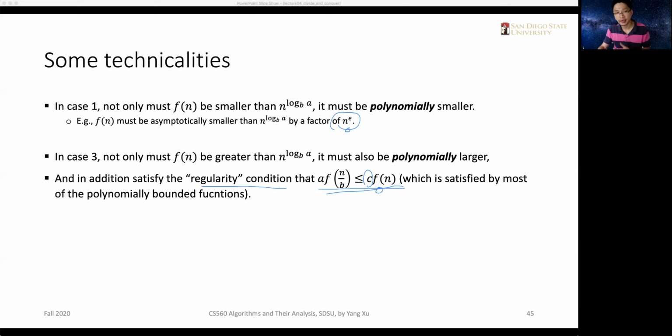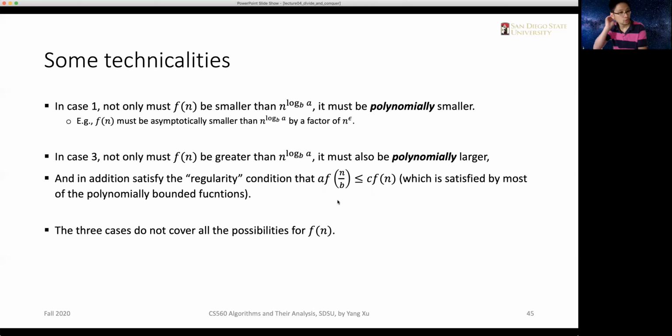So we don't need to worry too much about the regularity condition, but it is really case 1 and case 3 that we need to satisfy, that one is either smaller than the other or greater than the other by a factor of a polynomial term. If that condition is not satisfied, then we should not use the master theorem. The master theorem doesn't apply to all cases, so there's still some limitation here.